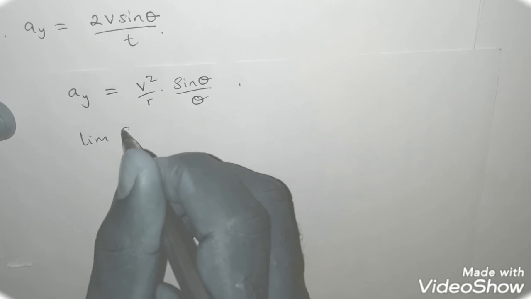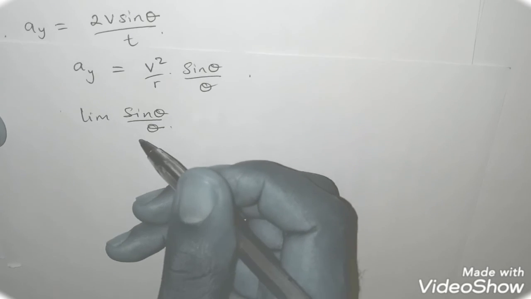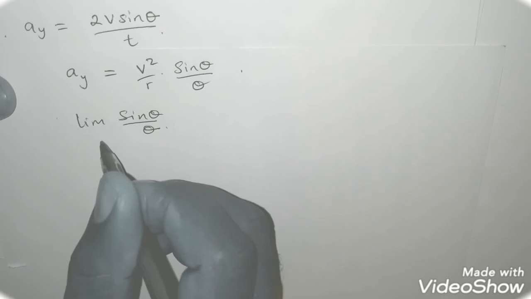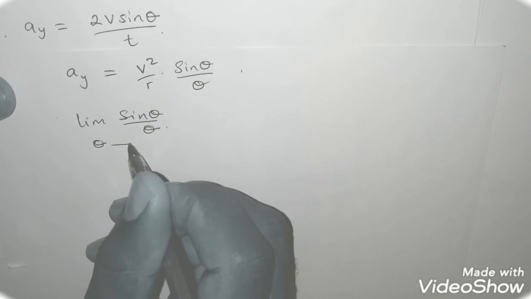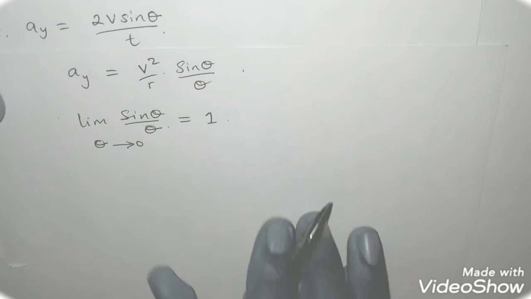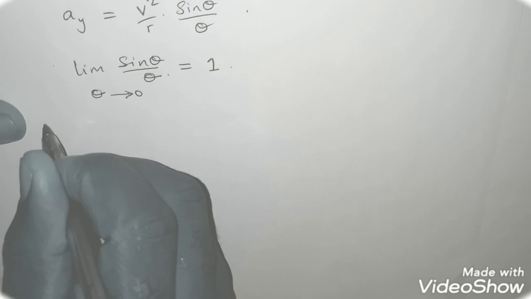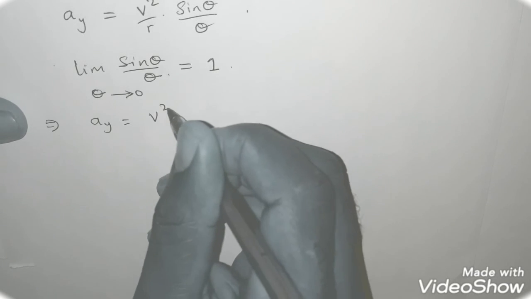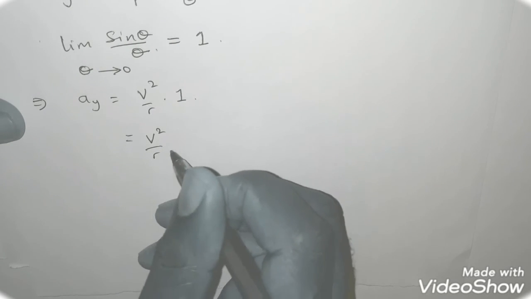In the limits, as we take the limit of sine theta divided by theta with theta tending to 0, it will give us 1, implying that our acceleration is equal to v squared over r times 1, and this is the same as v squared over r.